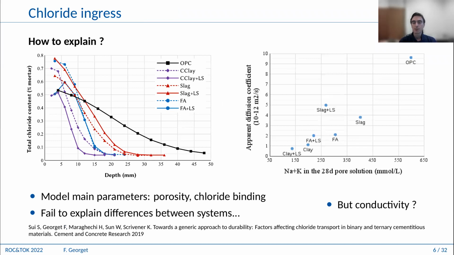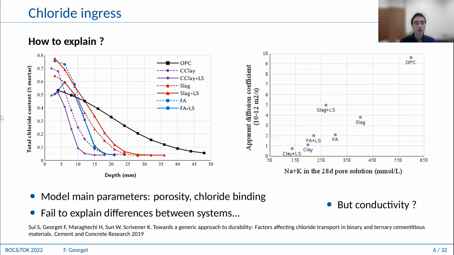To do this experimentally, we know how to do. We put a sample in contact with a model of seawater. After a while, the chloride is going to ingress, and after a while, we're going to be able to determine the total chloride concentration as a function of depth.